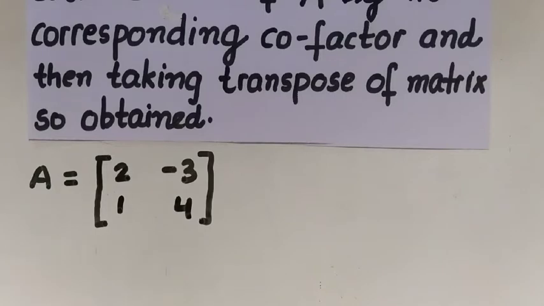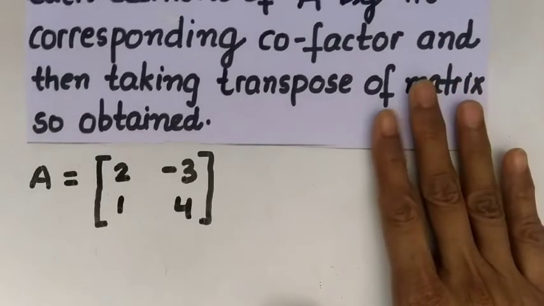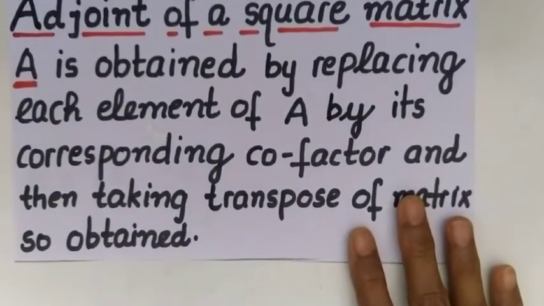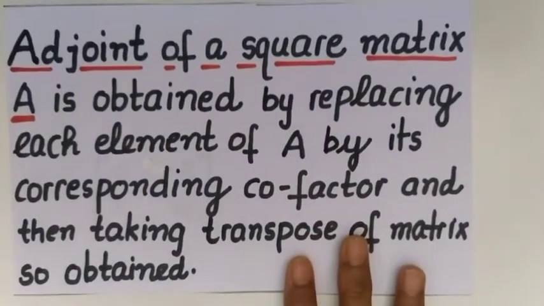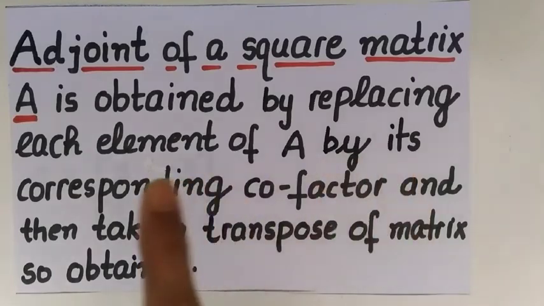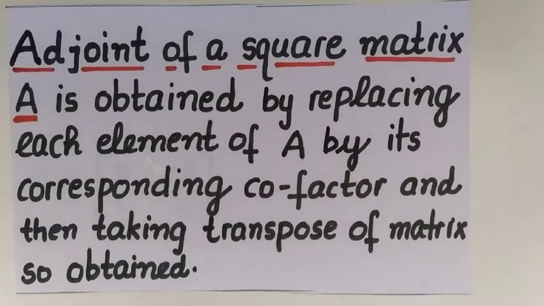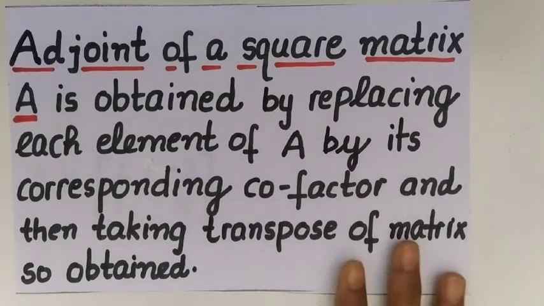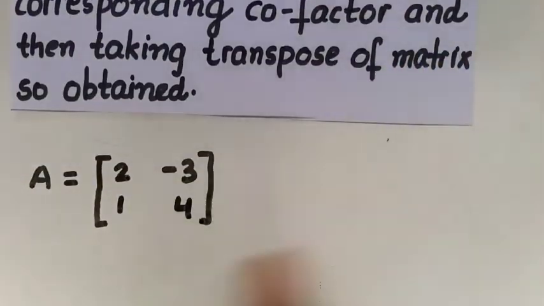So what to do? First of all, according to the definition, adjoint of a square matrix A is obtained by replacing each element of A by its corresponding cofactor. So first of all, we will replace all elements of this matrix A by their corresponding cofactors.